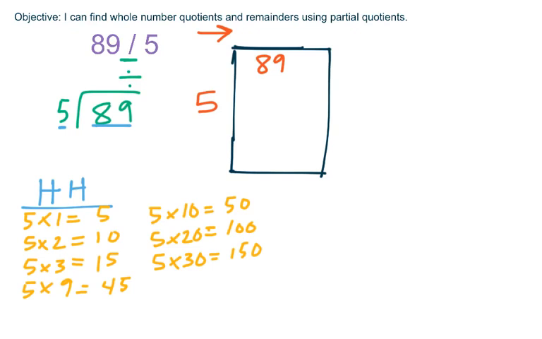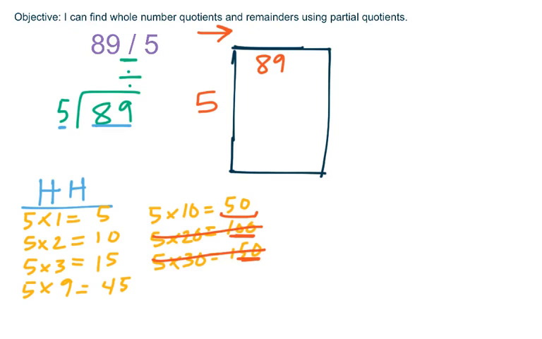So if I look here at my heavy hitters list, right now, this one's not going to be helpful to me, and this one's not going to be helpful to me. I'm hoping that you're thinking to yourself, well, those aren't going to work because the product's too big. I can't take 100 away from 89 because I don't have enough. So I'm just going to get rid of those. I don't even need them. In this case, I'm seeing from what I have listed that 50 is probably my best option.